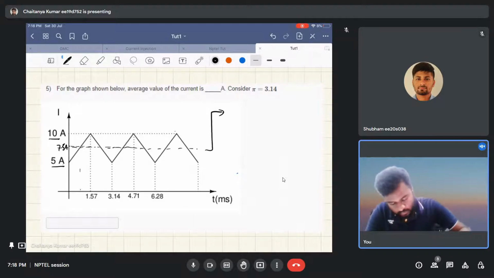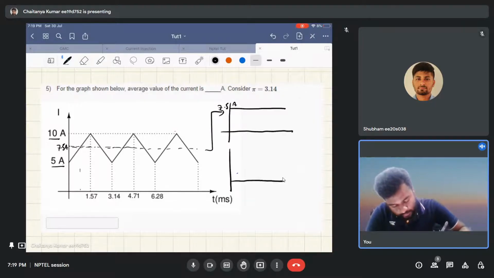So there is a DC current portion sitting at 7.5 ampere, and then there is a time varying current that is a rectangular waveform. It goes from minus 2.5 to 2.5 ampere, in both positive and negative direction.